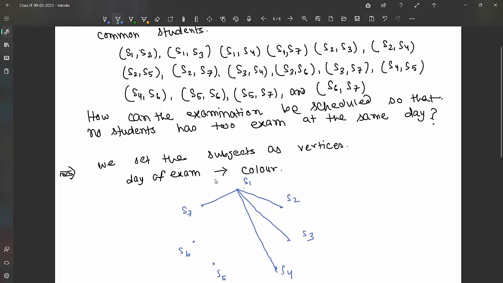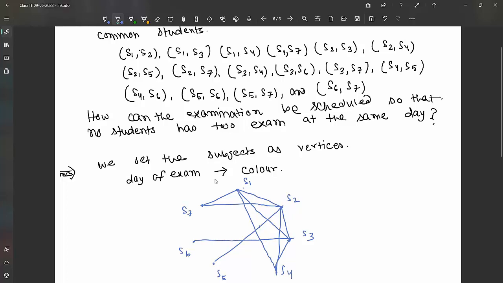After that, start from S2. S2 to S3, join this. S2 to S4. After that, S2 to S5. Then S2 to S7. And then S3 to S4. After that, S3 to S6.